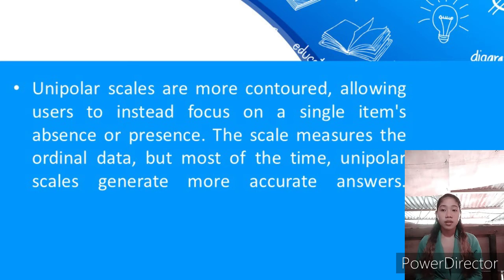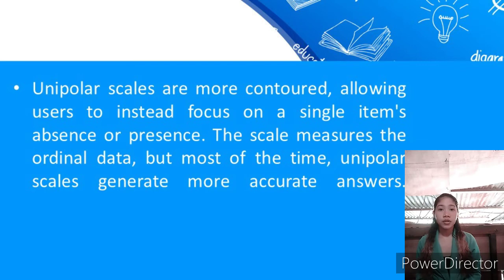The first one is the unipolar Likert scale. Unipolar scales are more contoured, allowing users to instead focus on a single item's absence or presence. The scale measures the original data, but most of the time, unipolar scales generate more accurate answers.